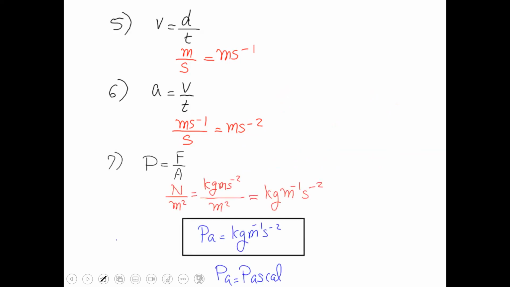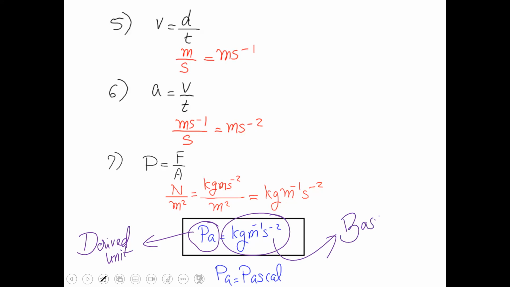Now see pressure, formula force upon area, Newton per meter square. Now look at this Pascal. Pascal is considered as a derived unit, but this area is called, this area is called as what? Base units. Okay.